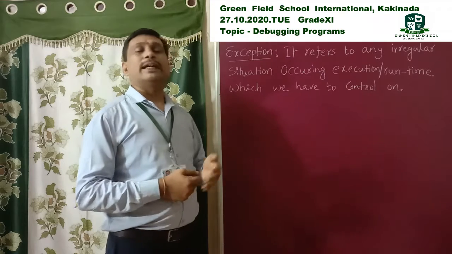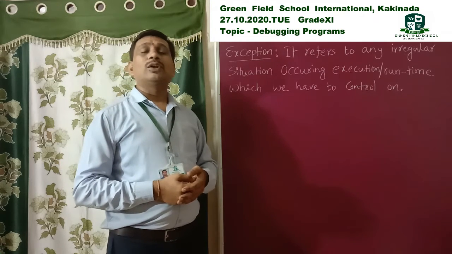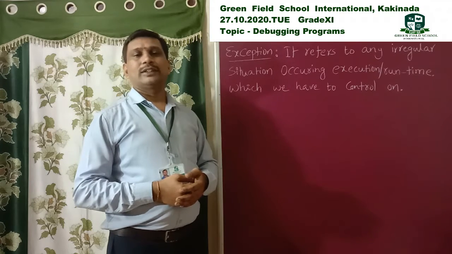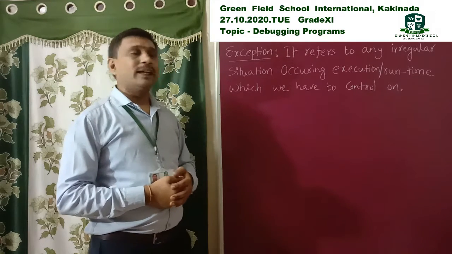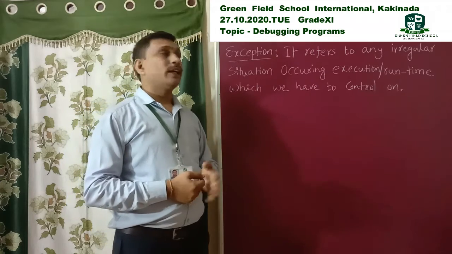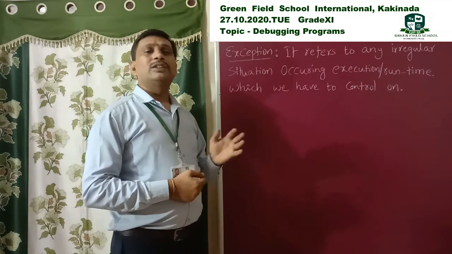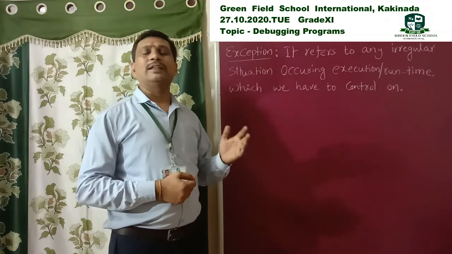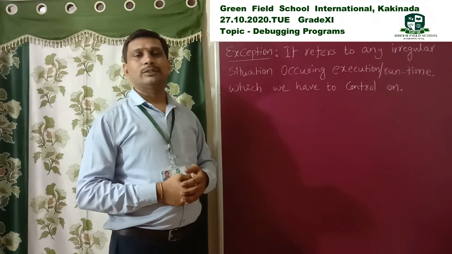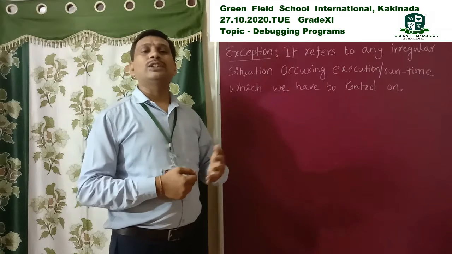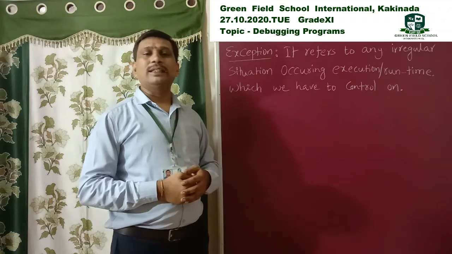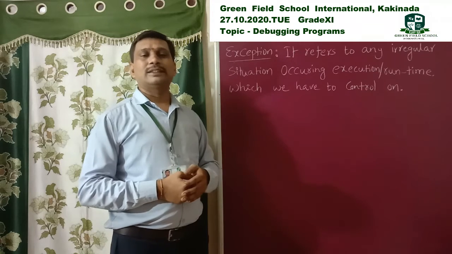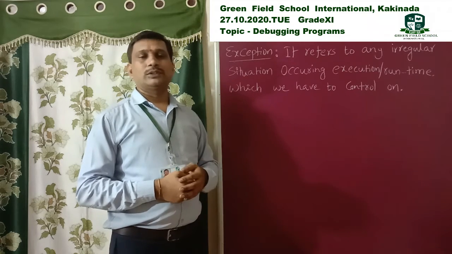What is meant by exception? An exception is a trappable error. An exception refers to any irregular situation that occurs during the execution or runtime of the program. It is an irregular situation; we do not expect that situation. In some cases, this type of error creates problems.